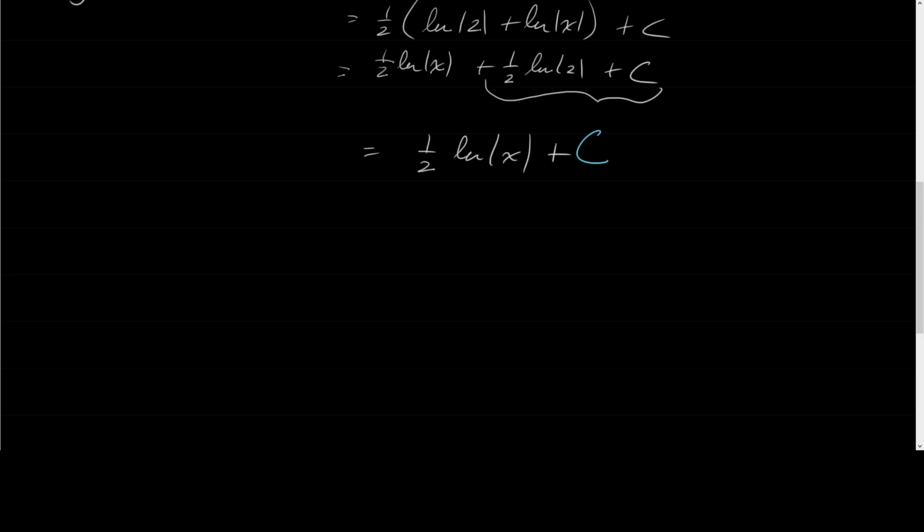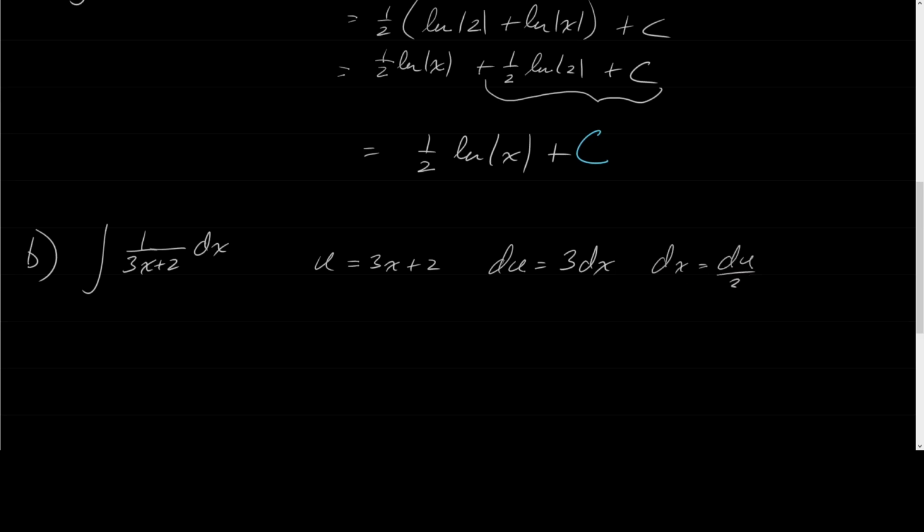B. Let's say we have the integral of 1 over 3x plus 2 dx. All right. So in here, I'm going to make that entire denominator our u, so that our du is just 3 dx, so that our dx is just du over 3. Cool. At this point, we get the integral of 1 over u times dx was du over 3.